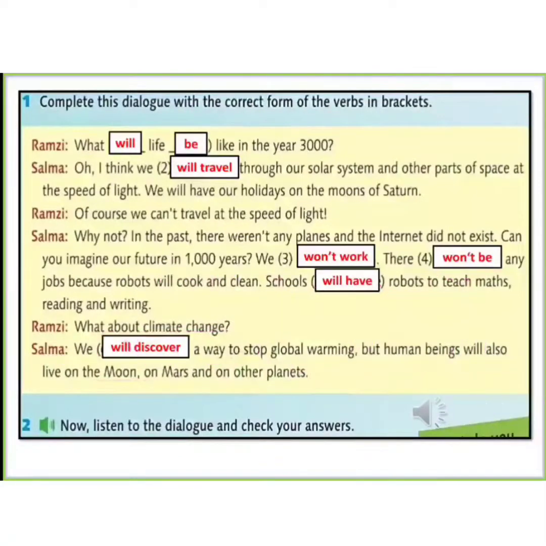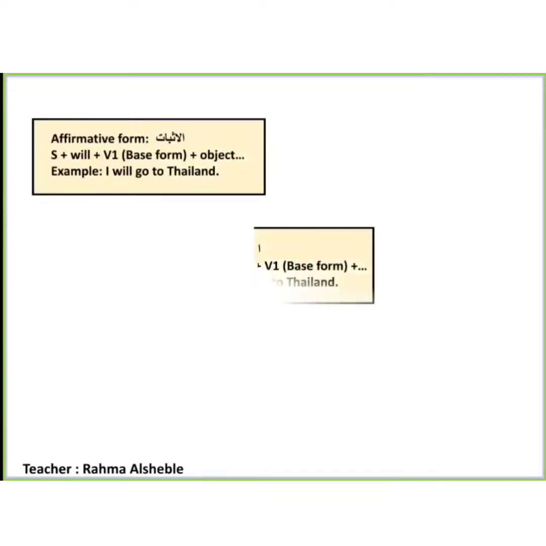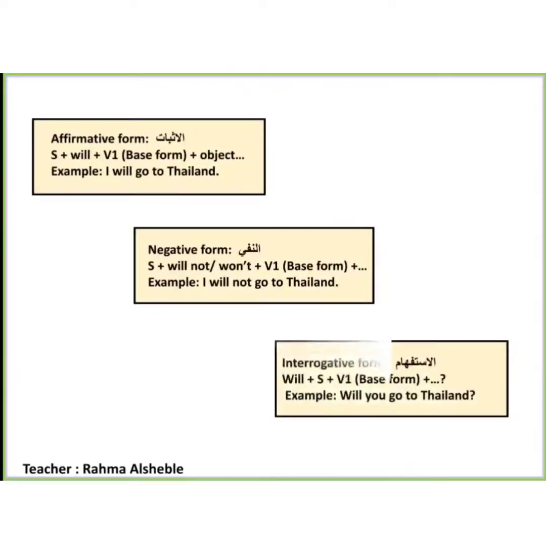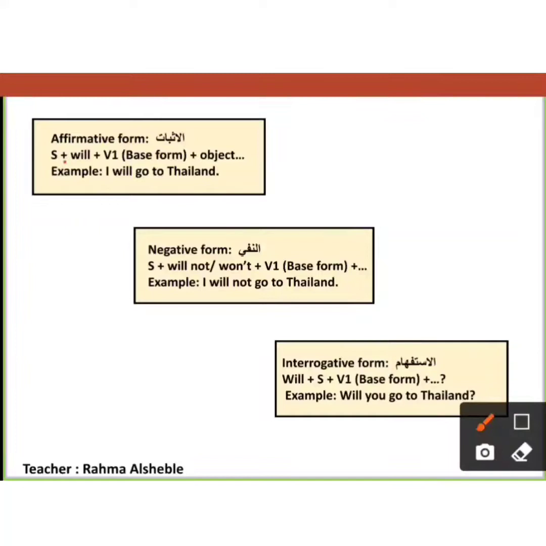Okay? Now we have finished. Now let's have some examples. Let's start with the affirmative. Subject plus will plus base form or infinitive form. I will, after that I, subject, will, after that go, infinitive verb, to Thailand.